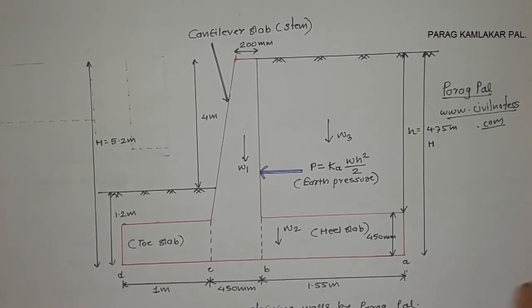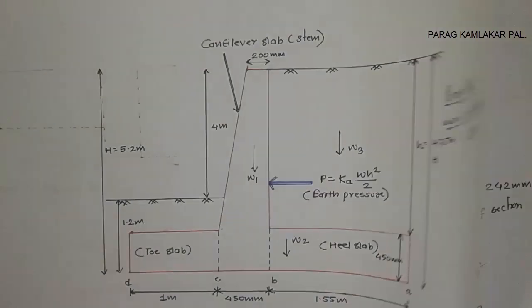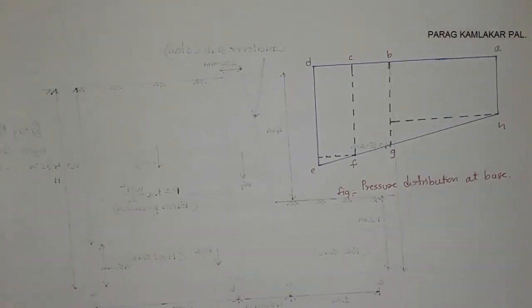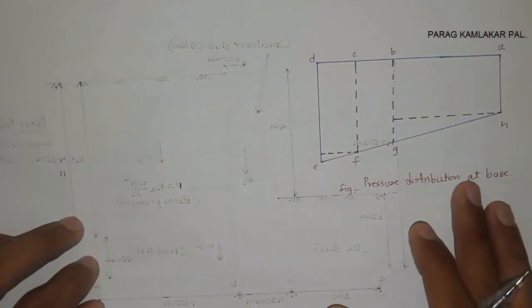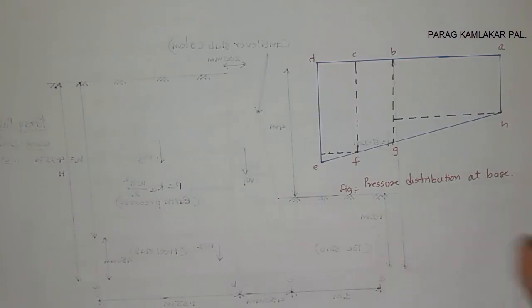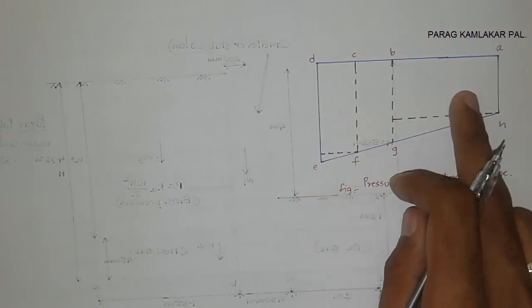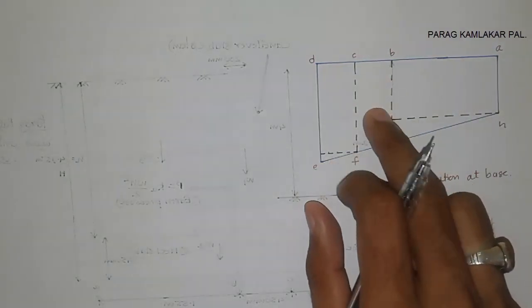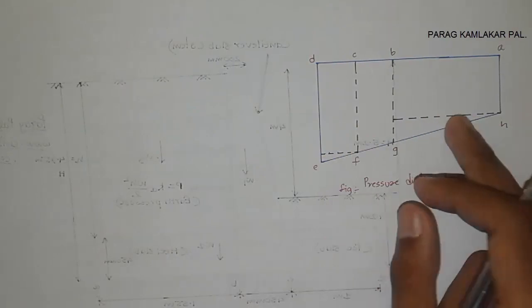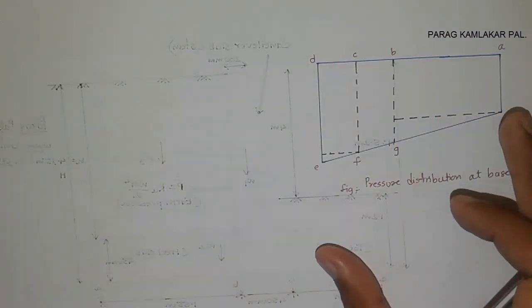First of all, I turn my page to the stability diagram. You can see here the stability diagram. It is the pressure distribution at the base. I calculated over here the toe slab, the heel slab distribution, and the stem distribution. These three things I drew over here.